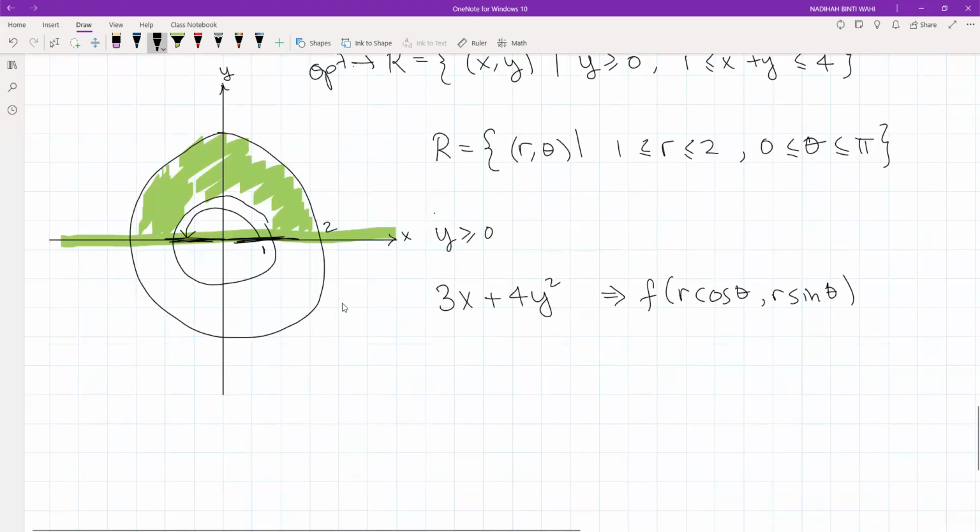Okay, so how? Just plug in the formula. Let's say this is g of r and theta.